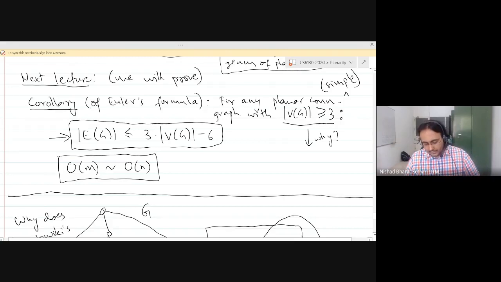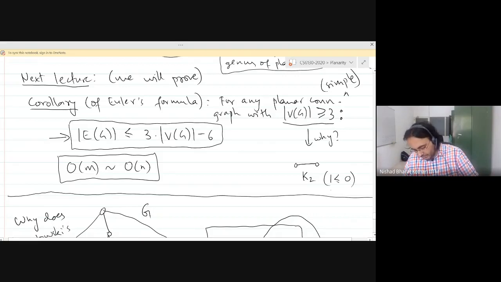Well, the counterexample has to be 2 or fewer vertices, right? So what about K2? Does this satisfy this formula? According to this formula, 1 is less than or equal to 3 times 2 minus 6.